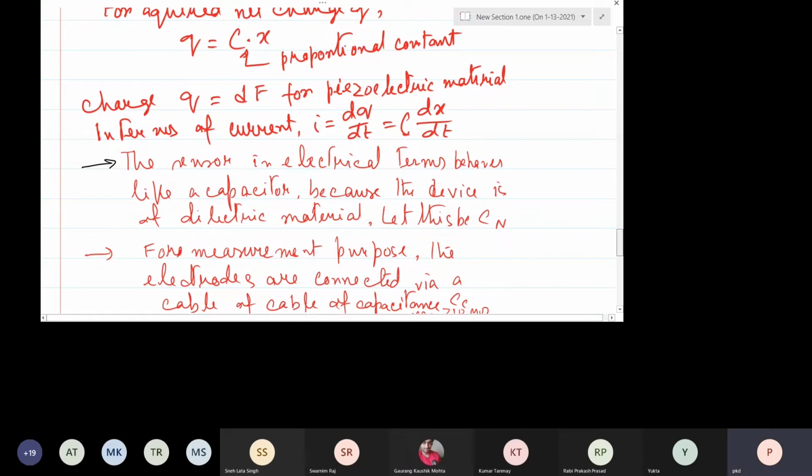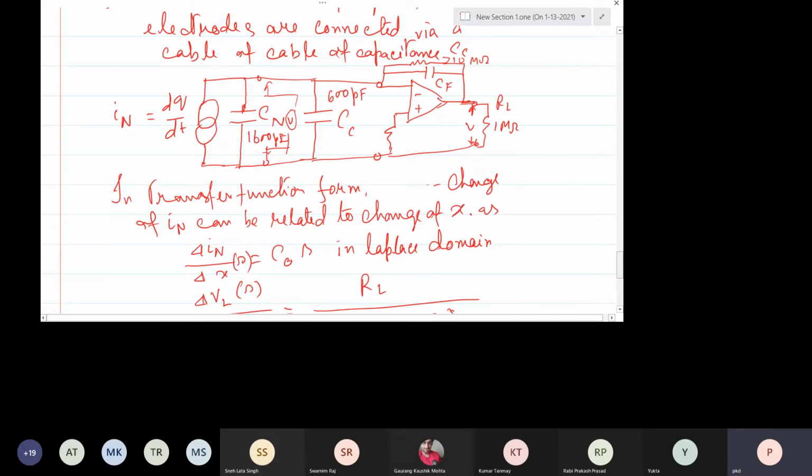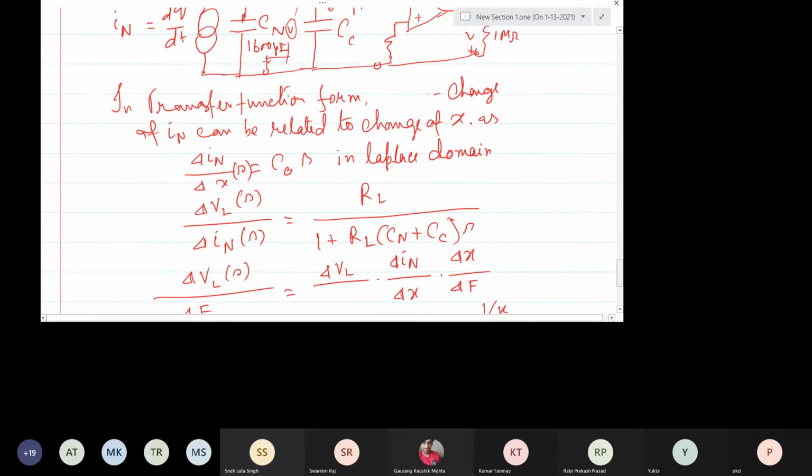Therefore delta I we are relating as the rate of change of x, and in the Laplace domain, d dt of x is becoming related to the change of current.